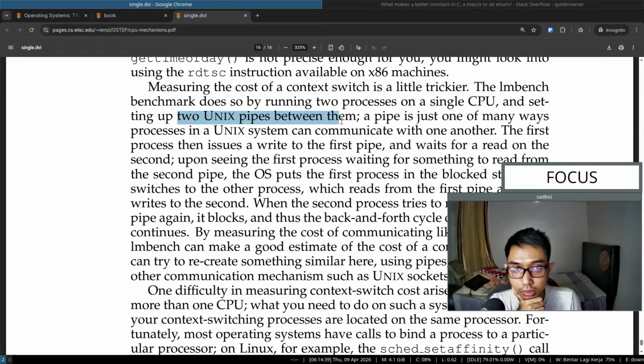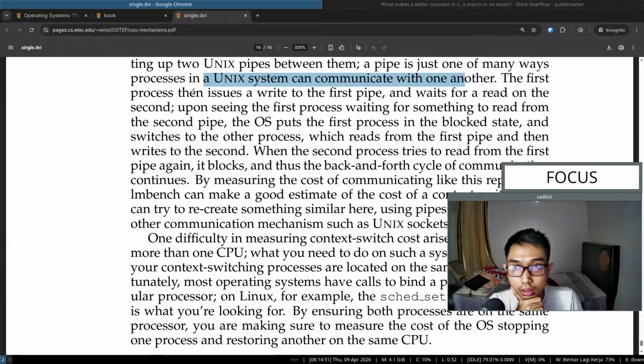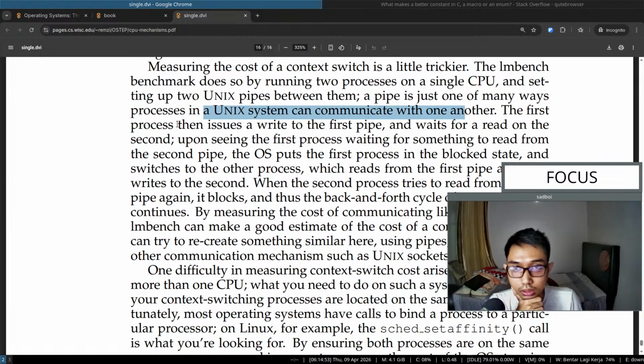The unique pipes between them. A pipe is just one of many ways processes in a Unix system can communicate with one another. The first process then issues a write to the first pipe and waits for a read on the second.